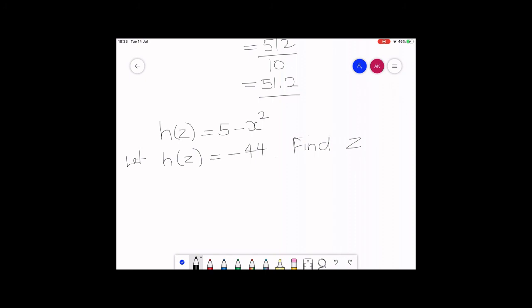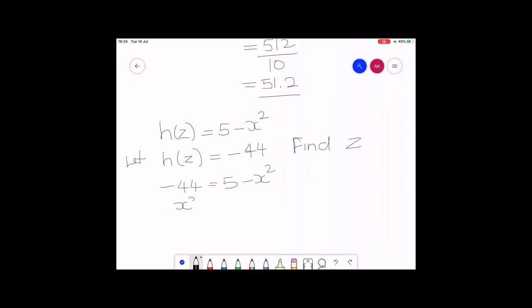So we go back to the function and we say it is equal to minus 44. So instead of h(z), we will put minus 44. So minus 44 is equal to 5 minus x squared. So we can now solve for x squared.